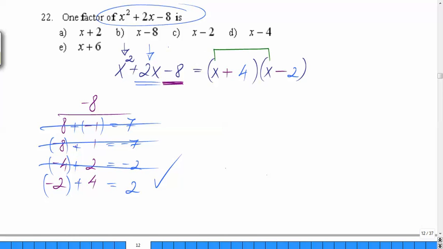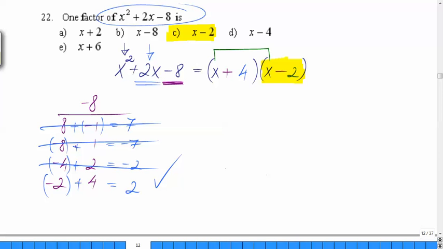Now you check which one is showing in here. Obviously x minus 2 is the one. You can double check, do the FOIL, see if you get the same answer. I bet you will. This is one approach to solving it.